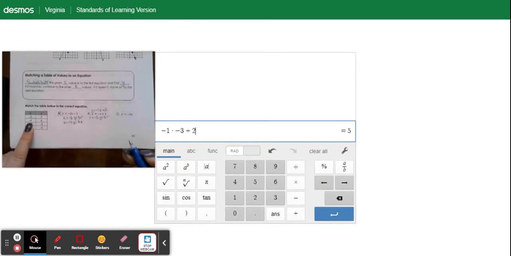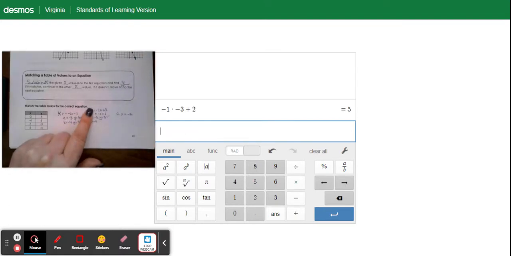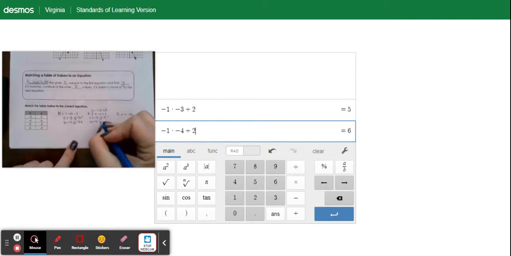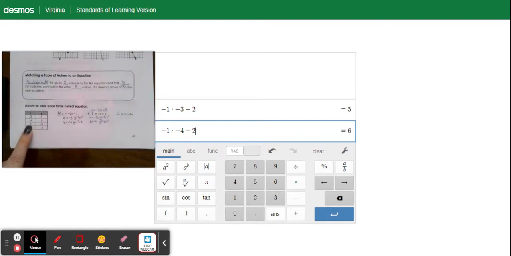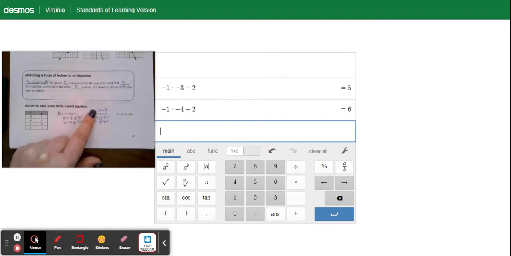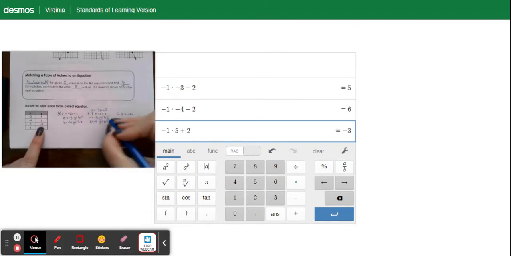Let's look at x equals -4. -1 times -4 plus 2. Y equals 6. So far, so good. Let's take a look at x equaling 5. -1 times 5 plus 2. -3.